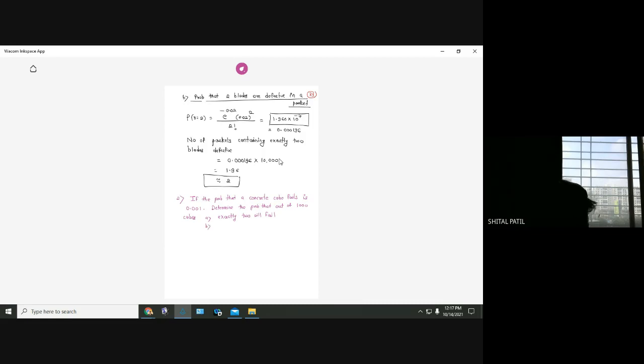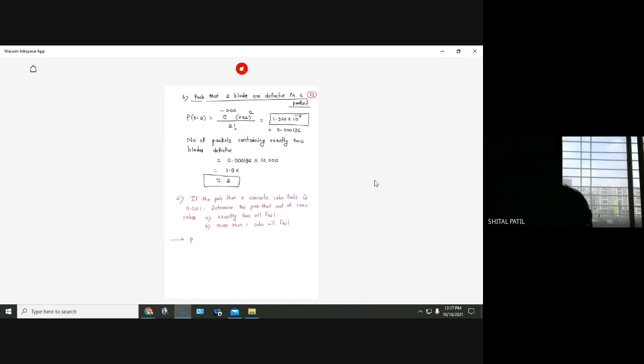B part, more than 1 cube will fail. Okay, done. Solution. So we have to start with a single cube.